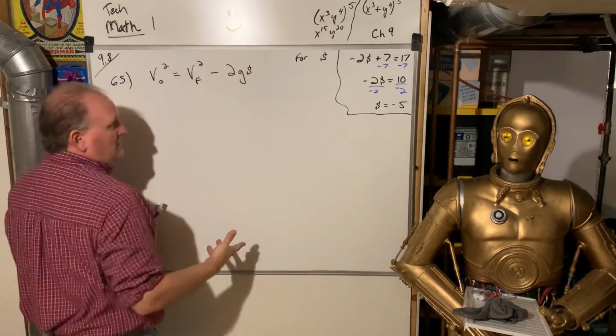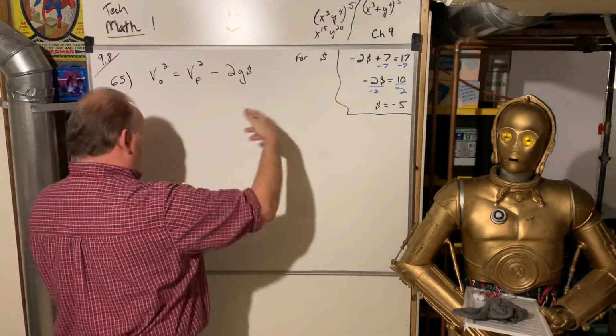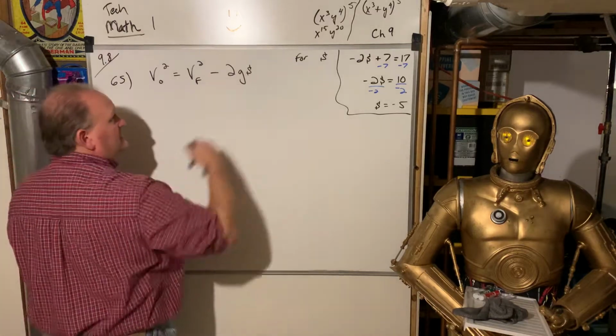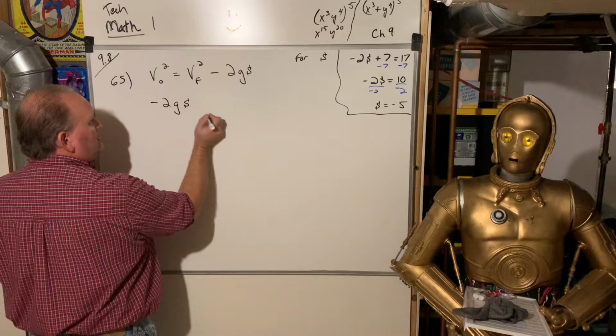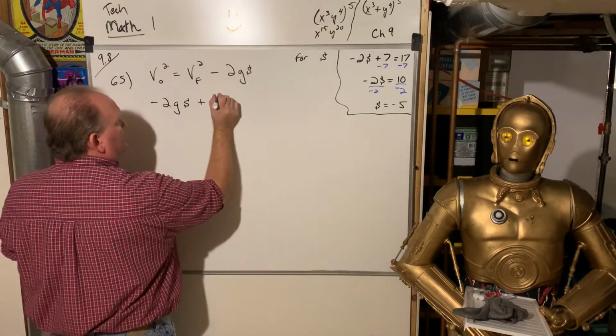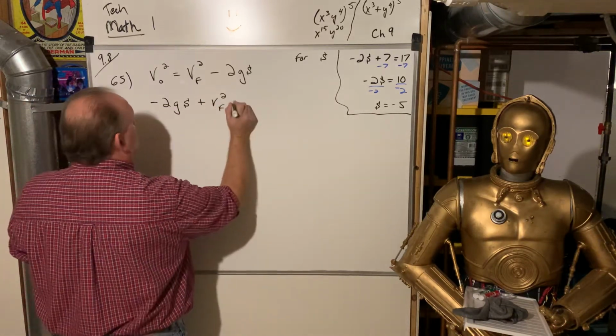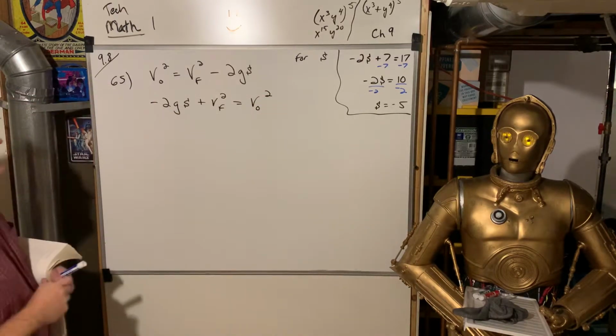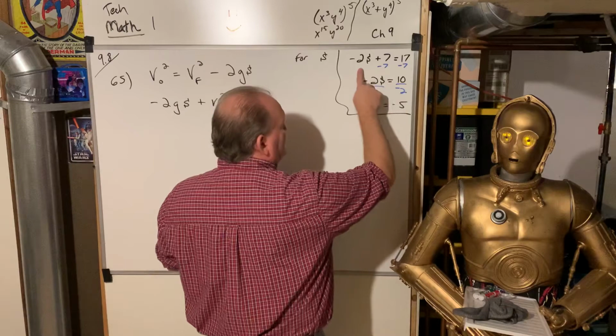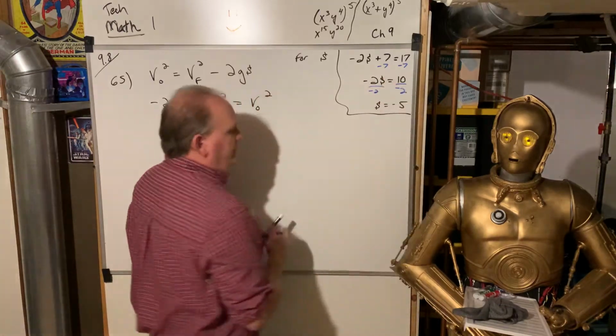This is very abstract, but it's really about the same problem. I could rewrite it so it looks the same. In fact, I'm going to. Let's go negative 2gs plus v sub f squared equals v naught squared. What did I do first? I isolated the s, so I subtracted 7 from both sides.